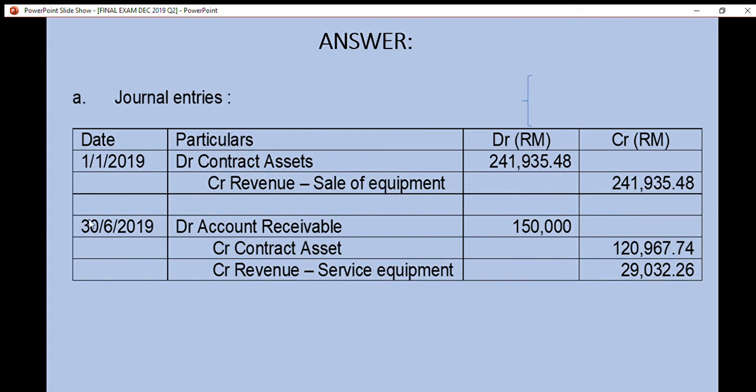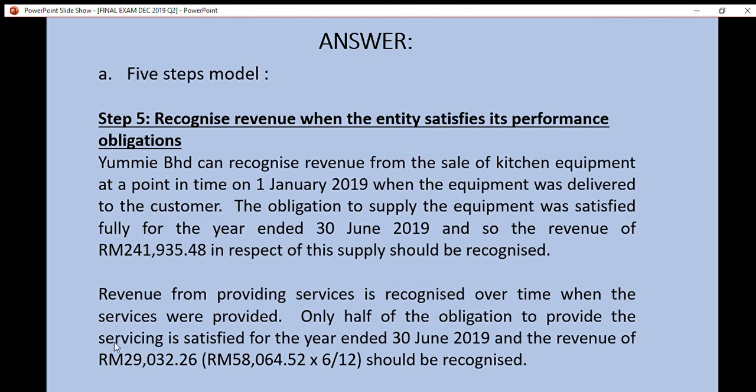So we have to credit the revenue from service equipment amounted to 29,032 ringgit and 26 cents. This is taken from here.